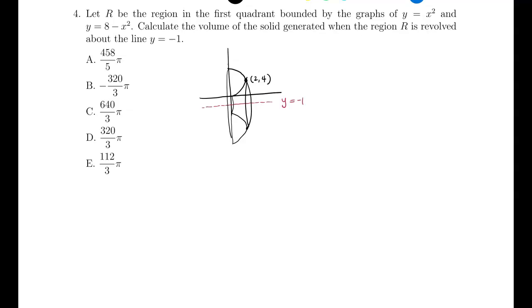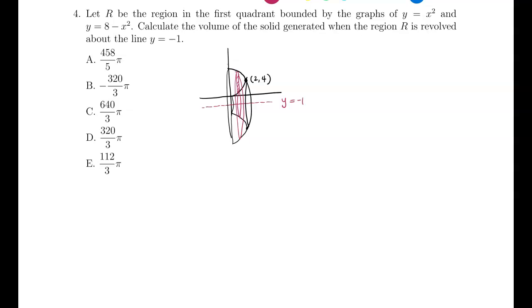Now, to create the washer, we will have to use a vertical strip. So this is the strip here. Now, if you rotate that strip, it would look like this, right?